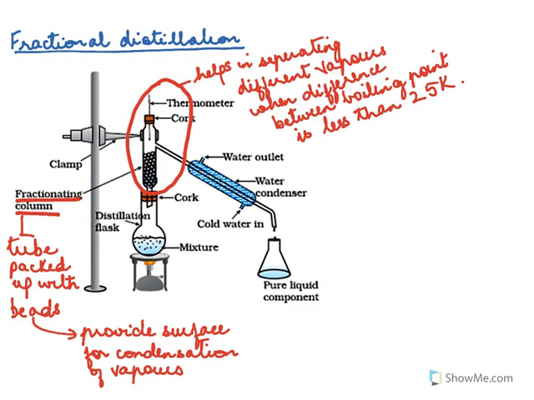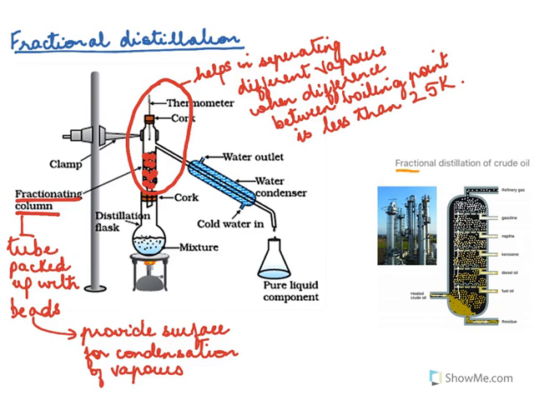So the fractionating column is a tube packed with beads, and all these beads help in condensing the vapors. Here is a picture of fractional distillation of crude oil. Crude oil is a mixture of many components. When you fractionally distill, you have gasoline, naphtha, kerosene, diesel oil, fuel oil.